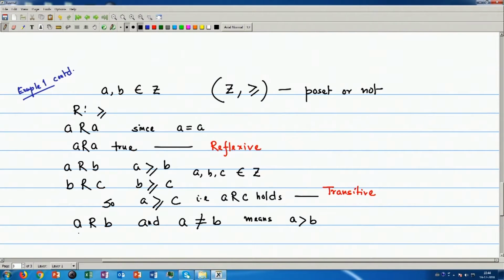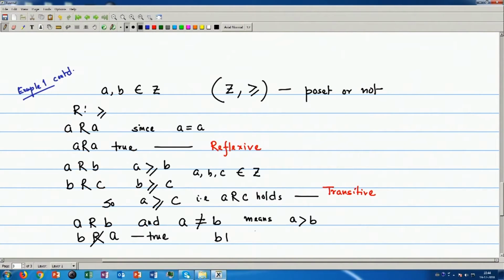Now if I consider A greater than B, and we remember the definition of antisymmetric, that means A R B, and if A not equal to B, then B R A does not hold for this relation, because B R A is never true.